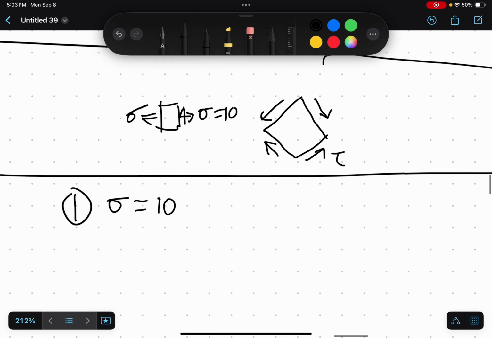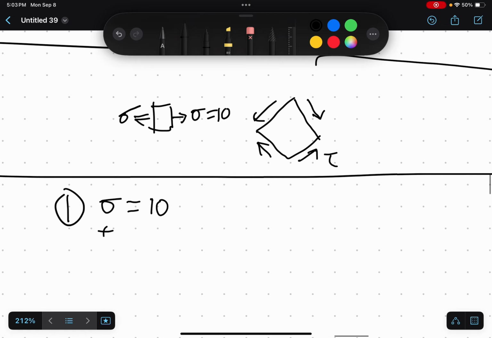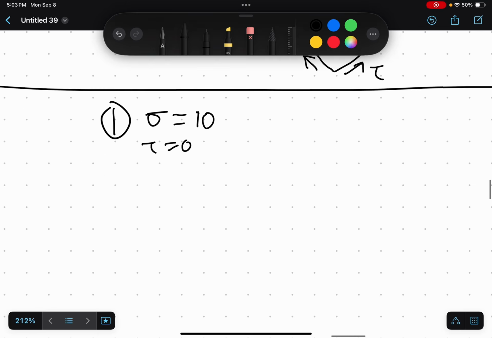And we have a shear stress of 0. Okay, and what do we have on this top face? So what do we have as our second point? We have a stress equal to 0 and a shear stress also equal to 0.